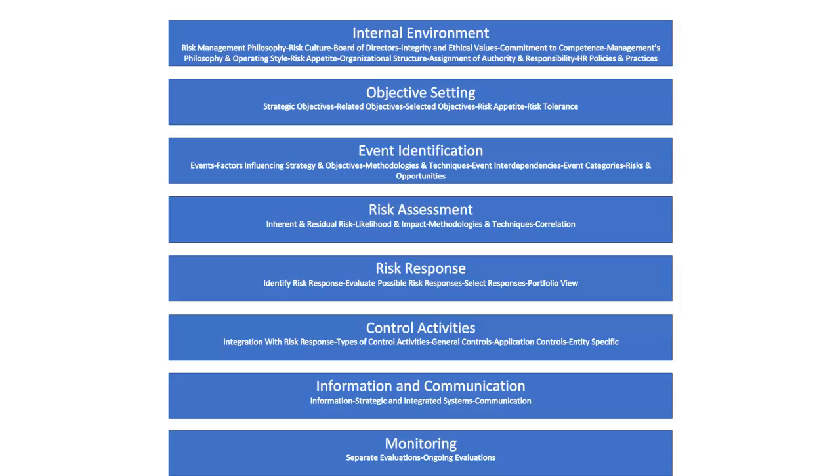The entire enterprise risk management process must be monitored, and modifications made as necessary. In this way, the system can react dynamically, changing as conditions warrant. Monitoring is accomplished through ongoing management activities, through separate evaluations of the ERM process, or a combination of the two.